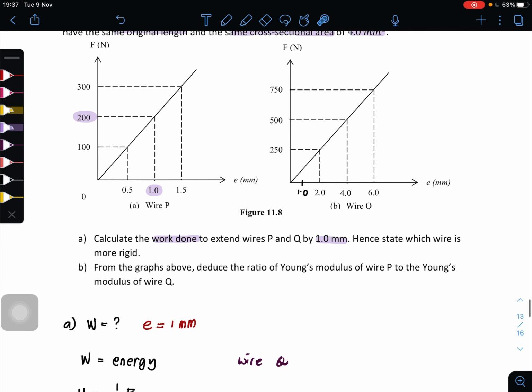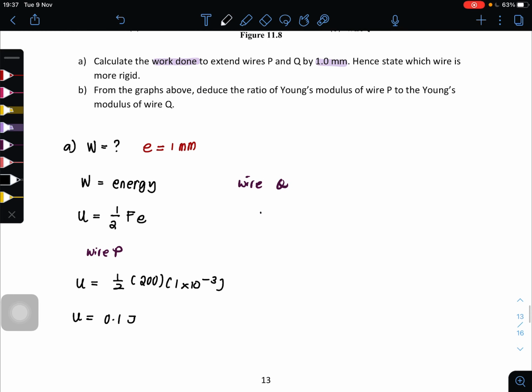So, meaning that when the elongation is 1 mm here, we can get the force is 125. 250 ni kita kena bahagi 2. So, 125 Newton. So, the value for U adalah sama dengan half F, F is 125, this one is 1 mm. So, U will be equal to 0.0625 joule.